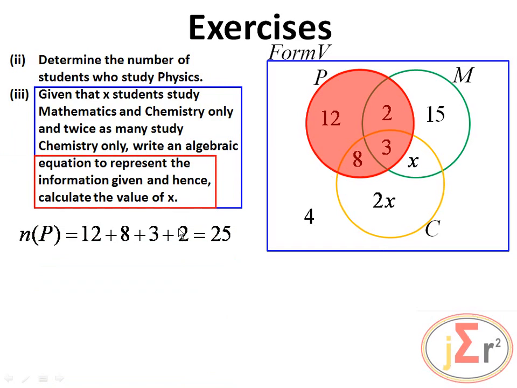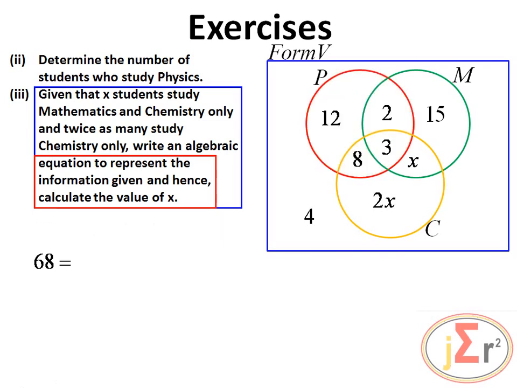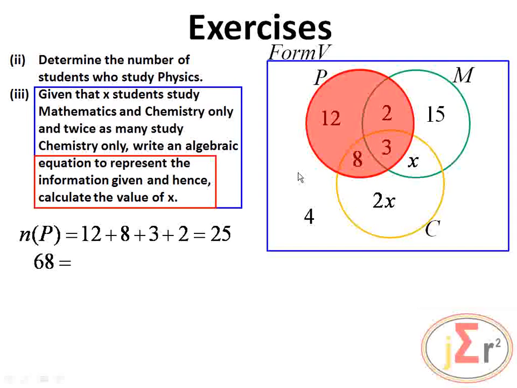So we are going to write the algebraic expression. And what do we have? The total number in the school, as we had in the original statement of the problem, is 68. So in that 68, we are going to use a strategy.